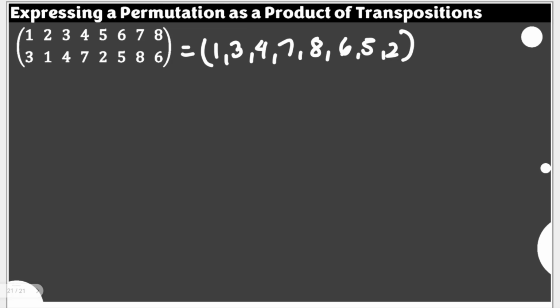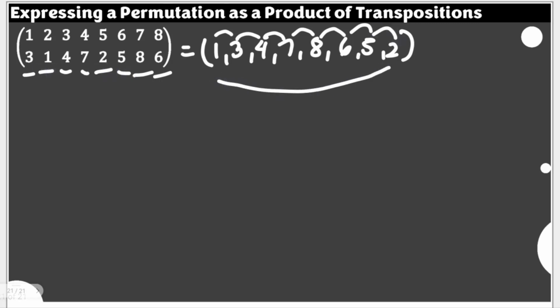So we have this as our result in the previous video, and as you can see here, 1 is mapped to 3, 3 is mapped to 4, 4 is mapped to 7, 7 is mapped to 8, 8 is mapped to 6, 6 is mapped to 5, 5 is mapped to 2, and 2 is mapped to 1. So it actually fits the given permutation. Again, it's already identified as a cycle.